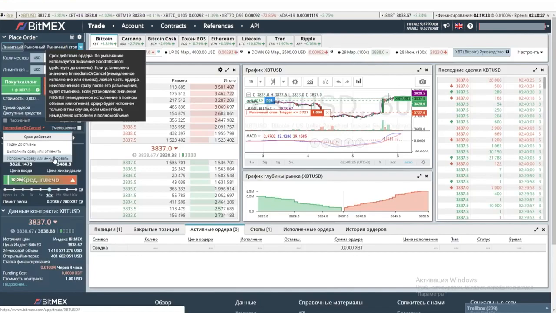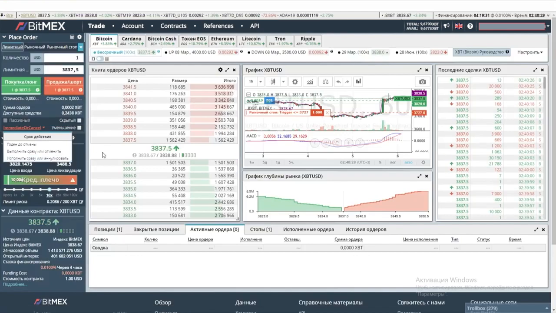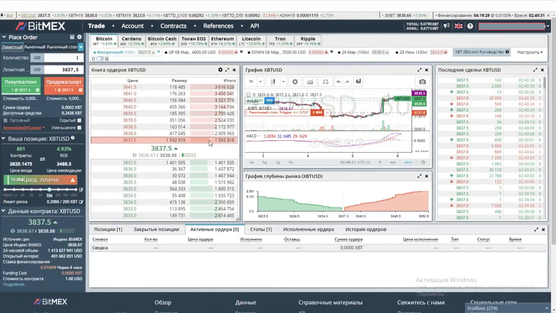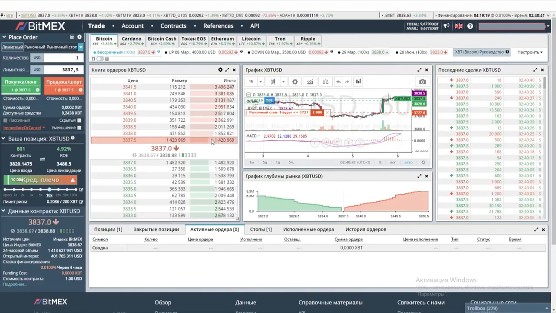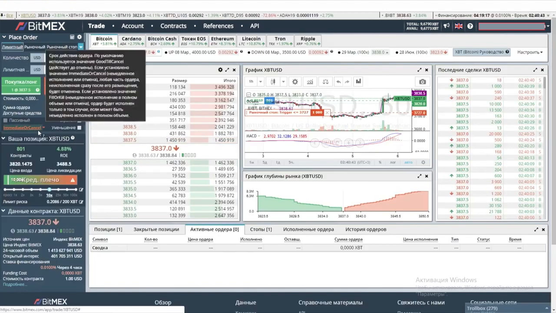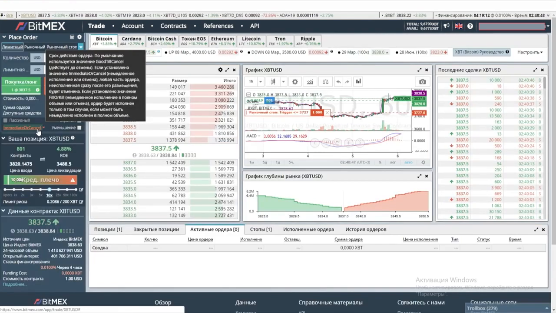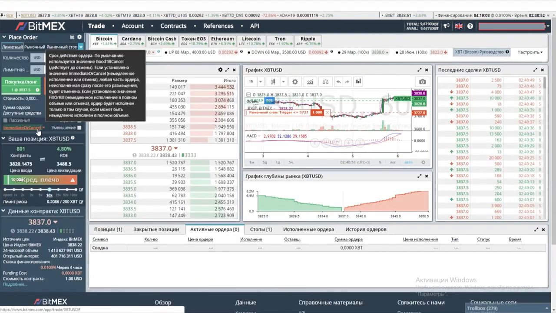If we place an order to execute right away or cancel for 2 million contracts, and at least one contract works, then the order is considered completed. If the rest of the volume is not executed, it is simply cancelled.